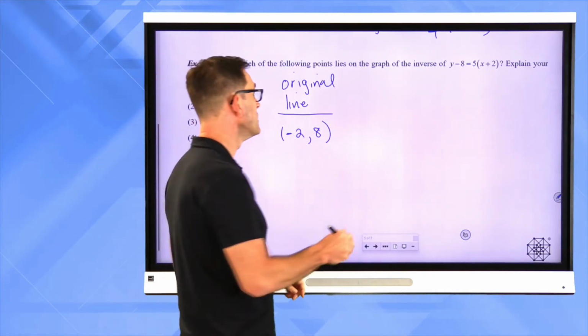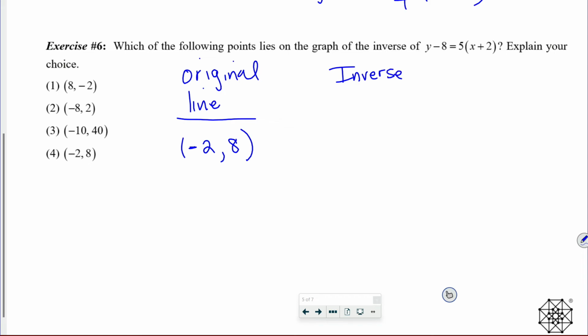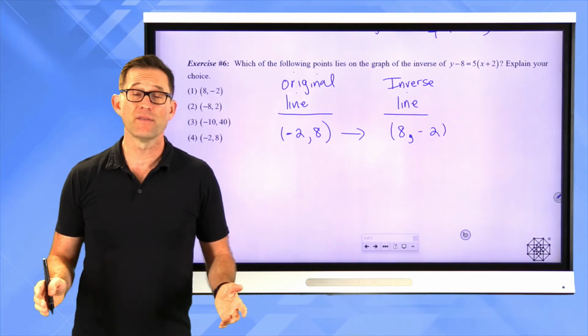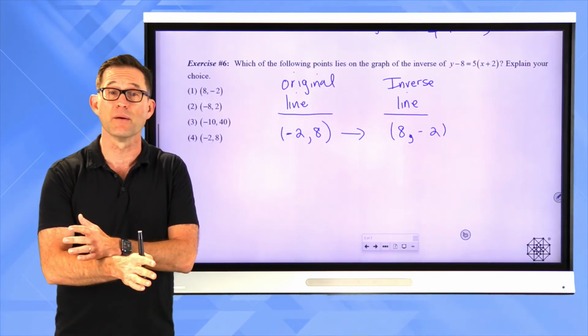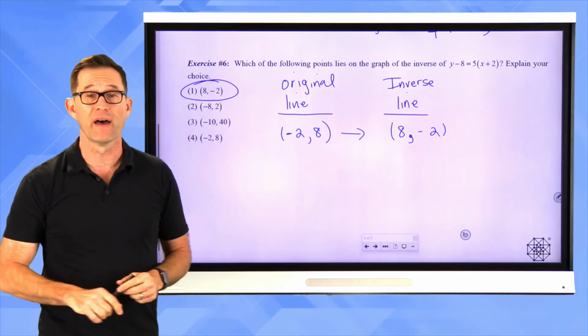But that then means that the inverse line must then contain the point 8, -2, because that's what inverses do, right? They take the x and y and they reverse them. And therefore, it is simple to find that.